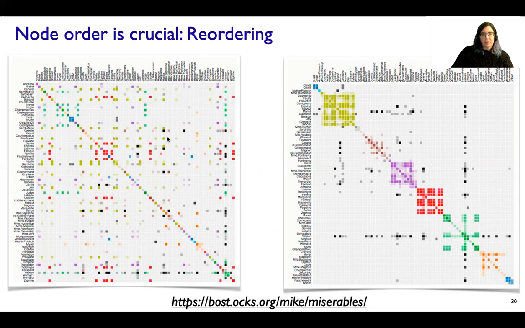There's a bunch of cells that are filled in, there's a bunch of cells that are not filled in. It's pretty hard to see the structure. It's sort of like visual popcorn. But if we reorder to try to emphasize these kinds of cluster structures, now we really can start to see the same kinds of structures we could see when we were looking at the force-directed graph.